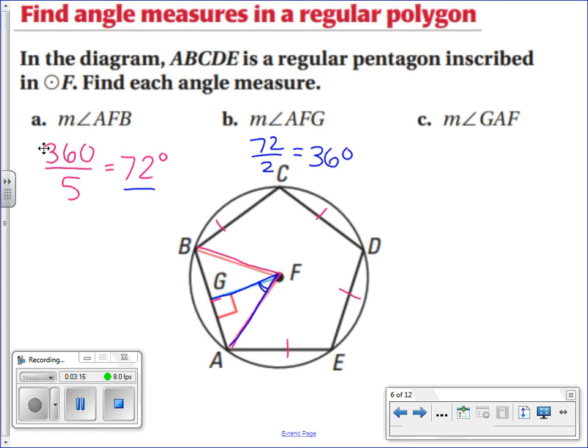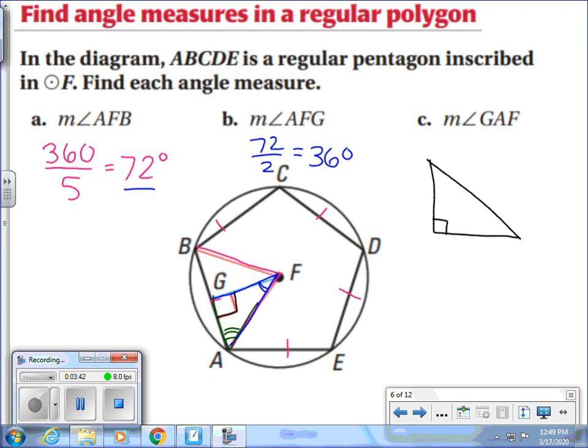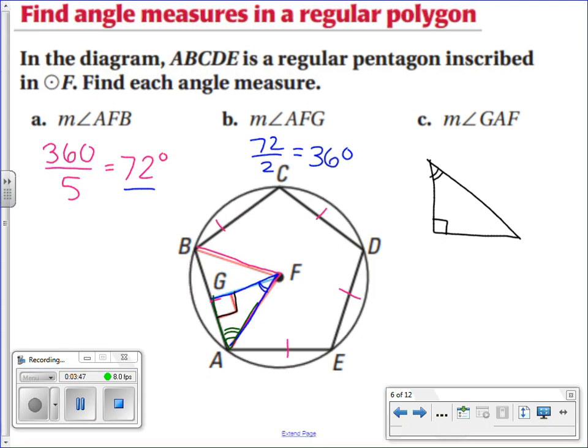Now the last angle measure is angle GAF. So GAF is this angle right here. I'm going to redraw this triangle out. So we know that that angle, G, is 90 degrees from our picture. We know that this angle is equal to 36 degrees.